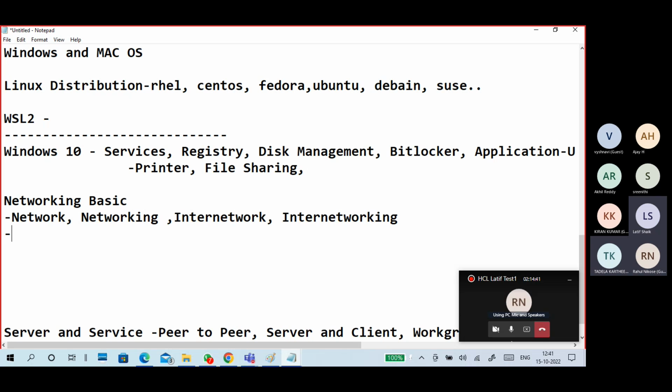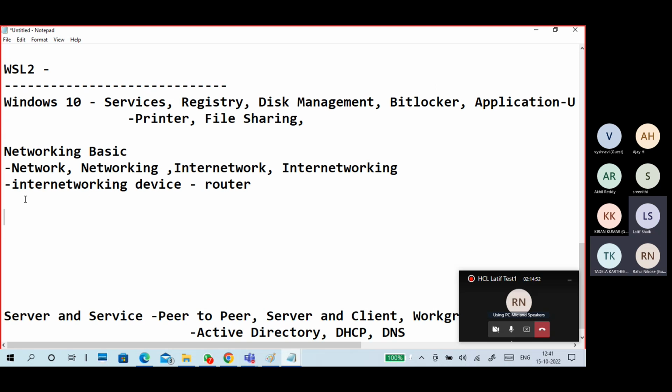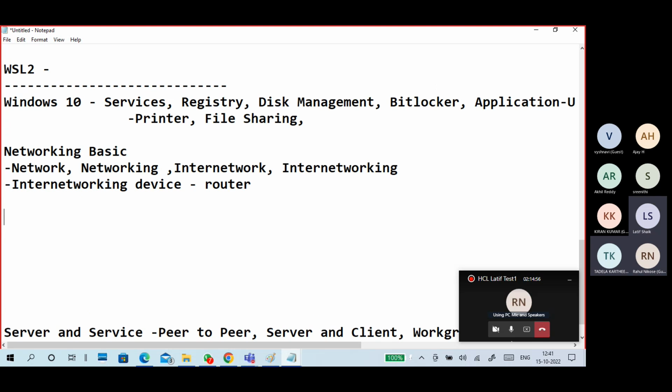What is the internetworking device? It is the router. Very good. Next, what is an intranet?